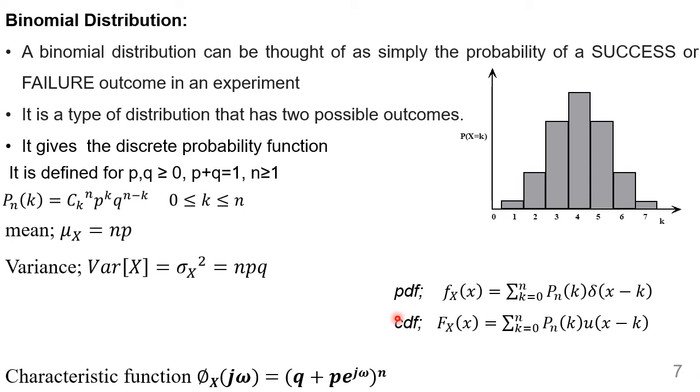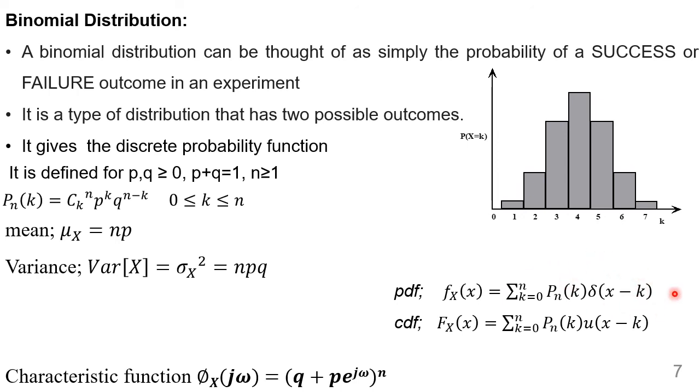The PDF is defined as f_X(x) equal to the summation for k varying from 0 to n of (n choose k) p^k q^(n-k) delta of (x minus k). The CDF is the summation for k from 0 to n of the same coefficients times u of (x minus k), because we are integrating the delta function.